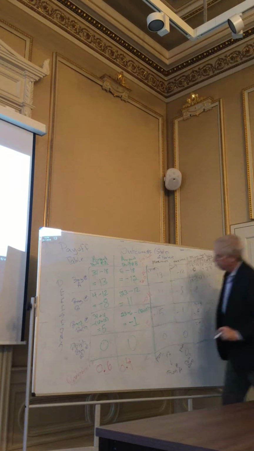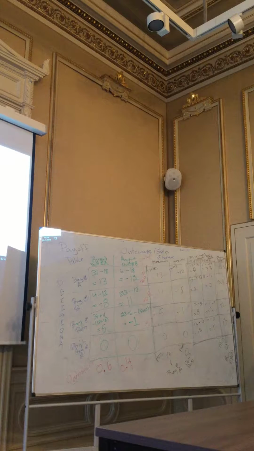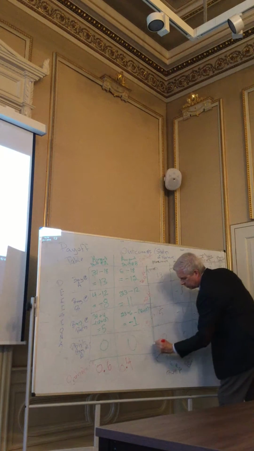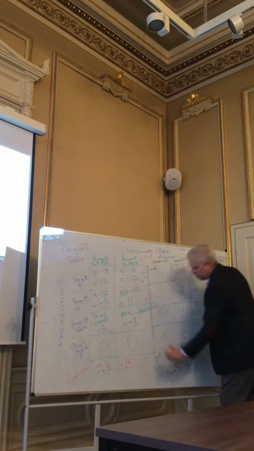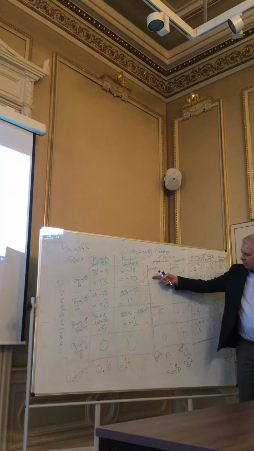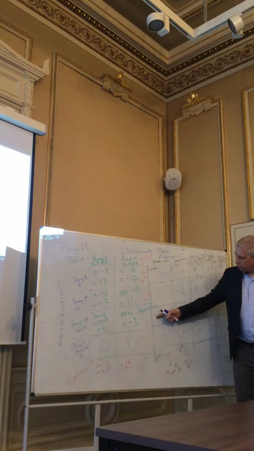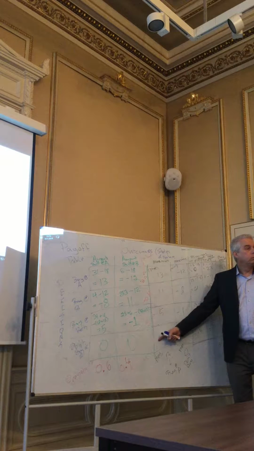I'm going to have to go run for some new markers in a second. And of course, the weighted average of two zeros is going to be 0. So we got 3, minus 0.4, 2.6, and 0.